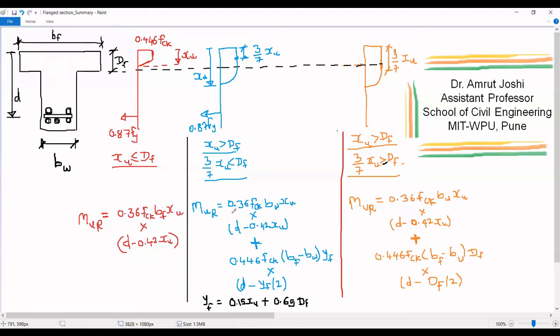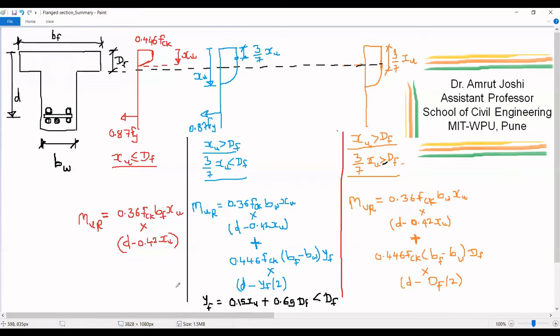The expression thus reads 0.36 FCK BW into XU into bracket D minus 0.42 XU plus 0.446 FCK BF minus BW into YF into D minus YF by 2, where YF is equal to 0.15 XU plus 0.65 DF, less than DF. It has to be less than DF.